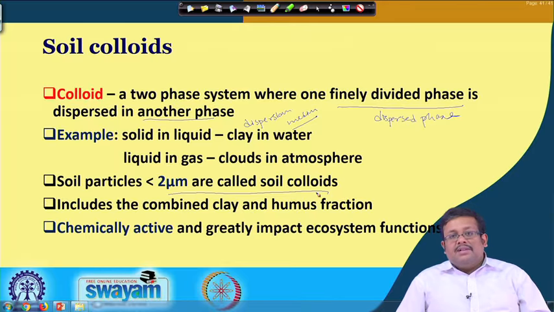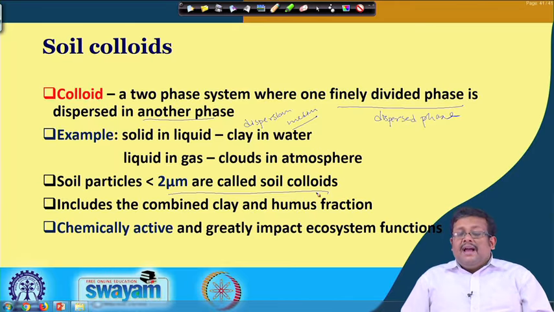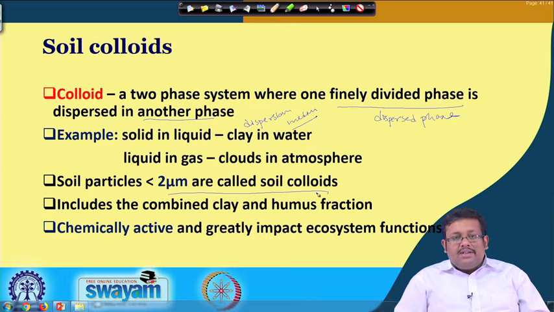We'll see in a couple of slides what their distributions are. There are majorly 2 types: soil inorganic colloids and soil organic colloids. Soil inorganic colloids include clay and different iron and aluminum oxides, whereas soil organic colloid is composed of the humus fraction.